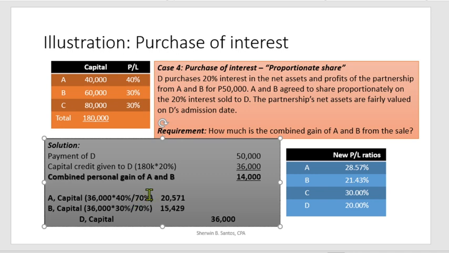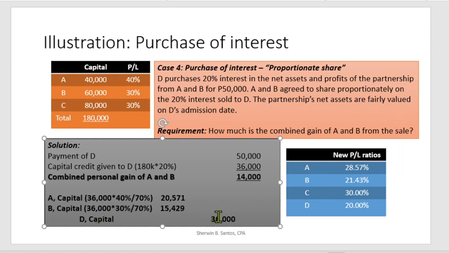So, yung 70% is the total of the profit and loss sharing ratios of A and B. So, 36,000 times 40% over 70% is 20,571. Yan yung ibabawas sa capital ni A. Same is true with B. 36,000 times 30% over 70% is 15,429. Yan yung ibabawas naman kay B. So, yung total niyan ay ibibigay kay D.